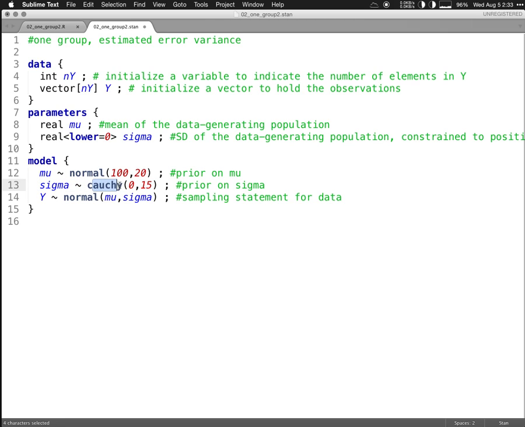This is a Cauchy distribution. Imagine a normal distribution that's truncated at 0. It has a peak at 0, and the point at which it goes halfway from the peak to the bottom is at 15. The half width at half max is 15.